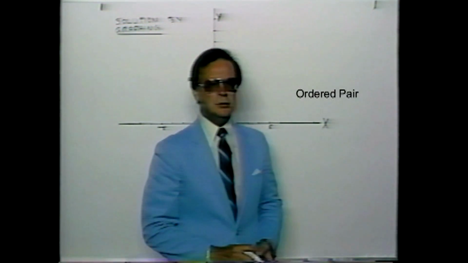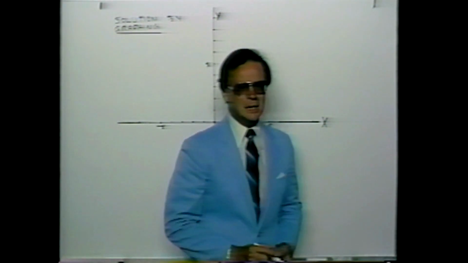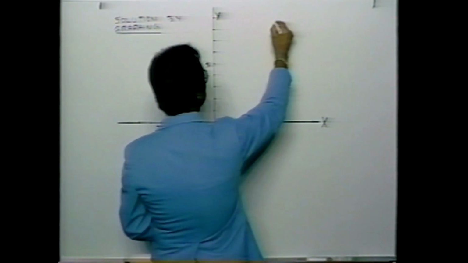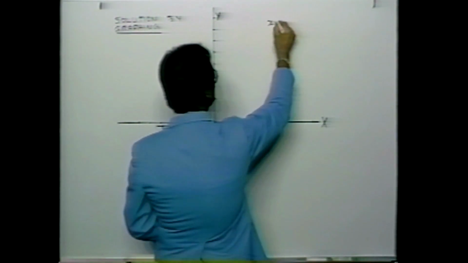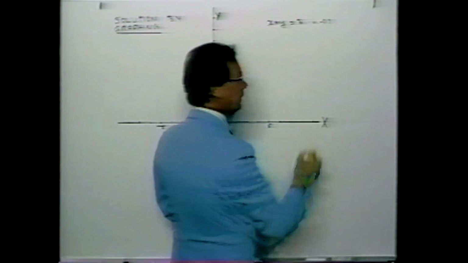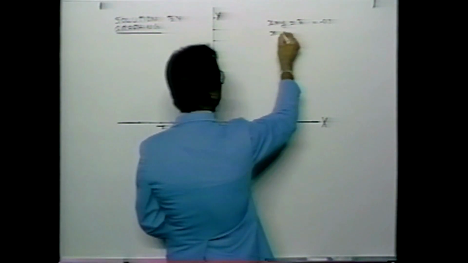Only a 2 by 2 system will be considered in solutions by graphing. Let's take, for example, x plus y equals 3 as our first equation. And x minus y equals 1.